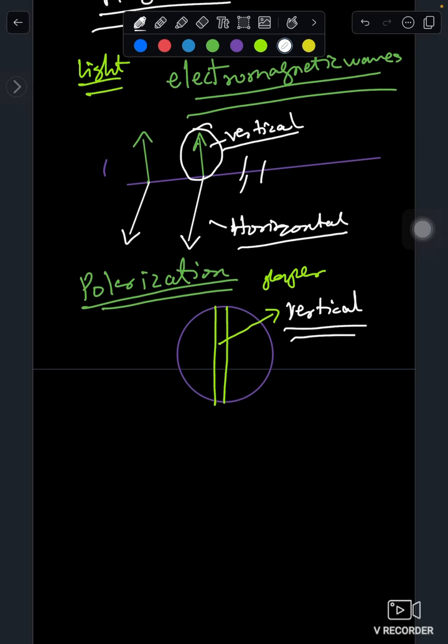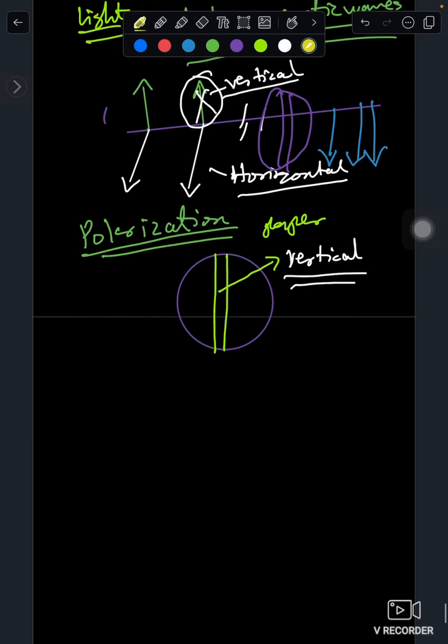So it will stop the vertical. After the light crosses the polarization paper, only this is what we will see.